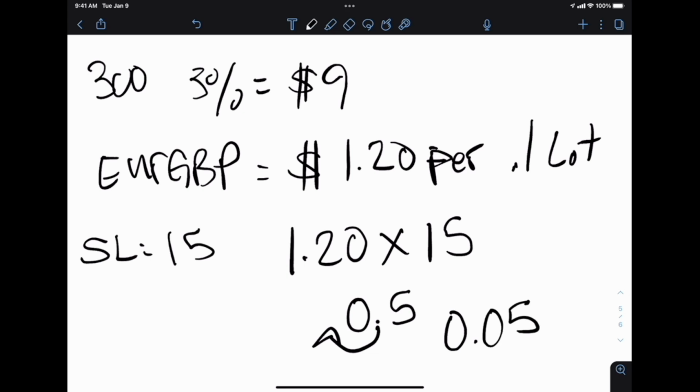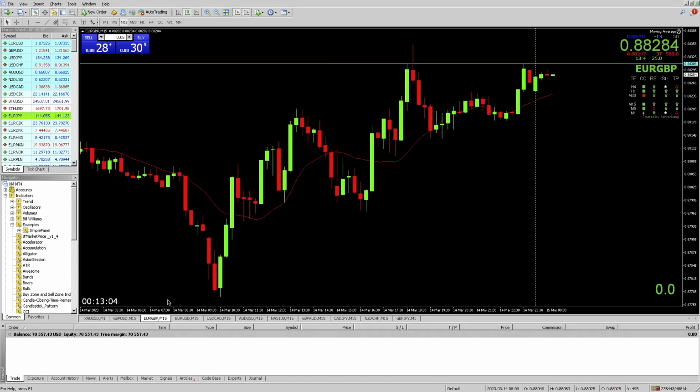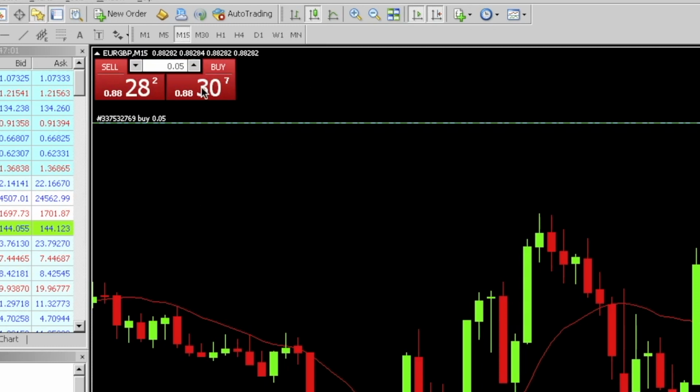So now let's go back to our screen and let's test that out on EG here, 0.05. Okay, let's say if we took a buy and we dragged this down 15 pips.